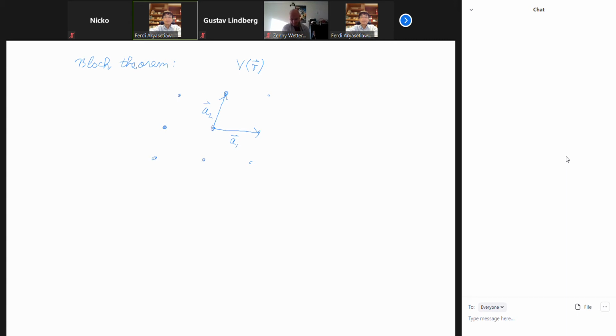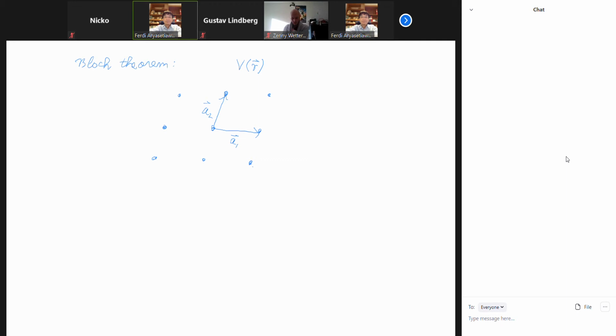Let's just do one particular species of atom. In general, we can have many atoms, but let's just do it for one atom. Then we have a third vector, A3, which will be in the third dimension. It's not necessarily perpendicular to the plane, it can be in any direction, but it has a Z component.